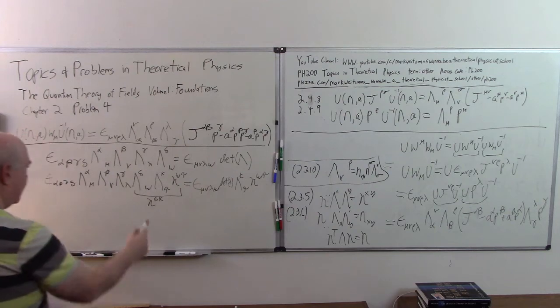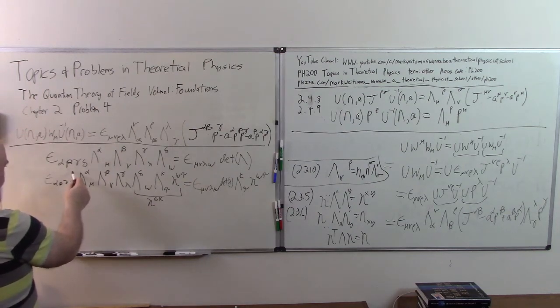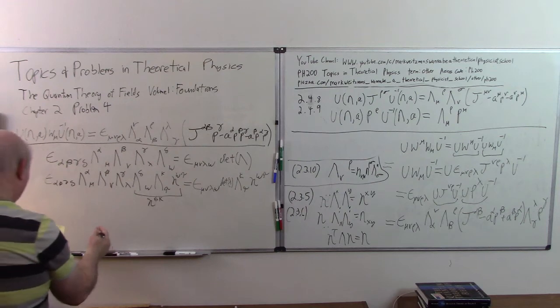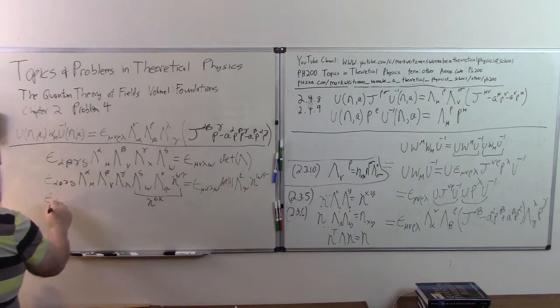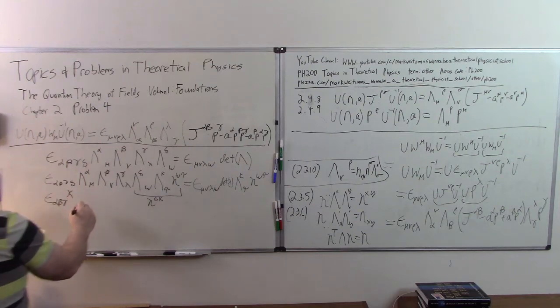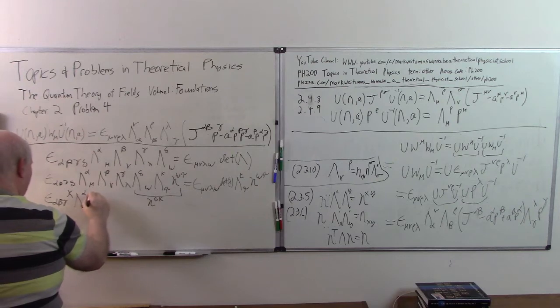And then when I apply eta delta kappa to this, I'm just raising the index here. So I'm going to end up getting epsilon alpha beta gamma kappa lambda mu alpha lambda nu beta.